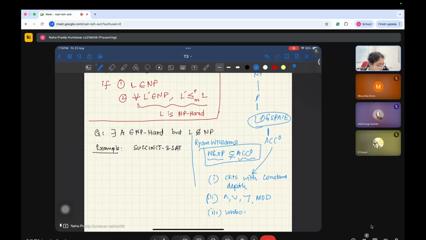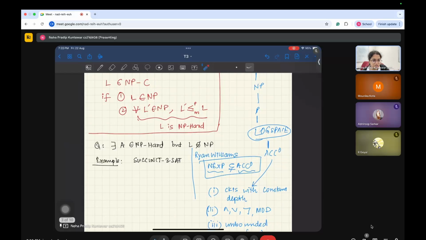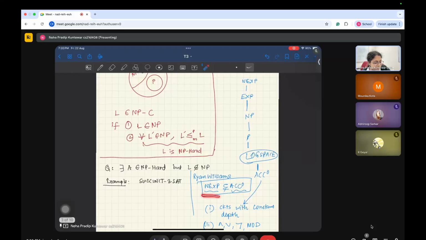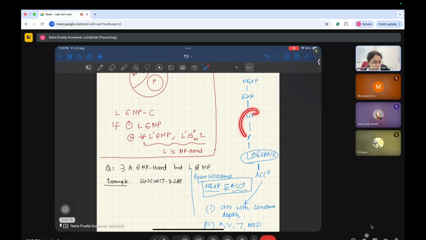So even if you don't know what any of this is or what ACC0 is, that's completely okay. You don't need to know this. The reason why this result is important is because ideally we want to separate this, but we don't know a separation between this and something much inside.